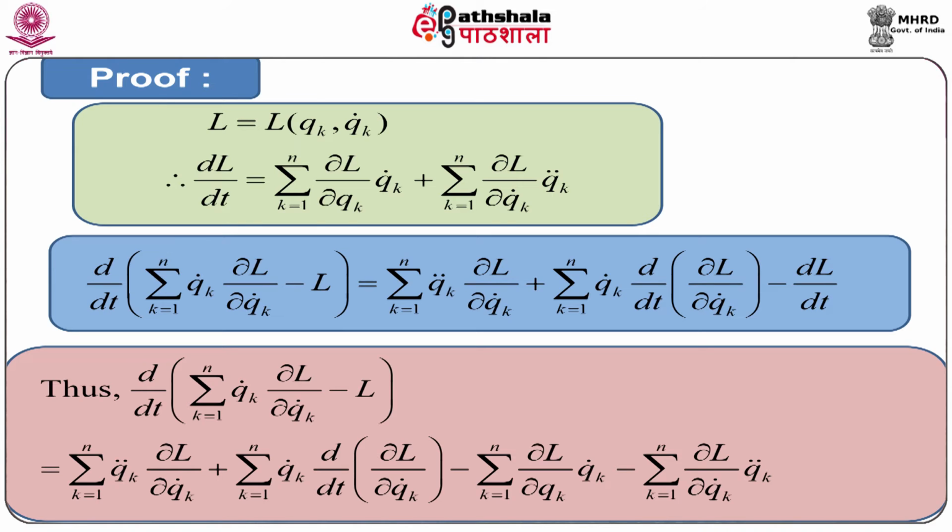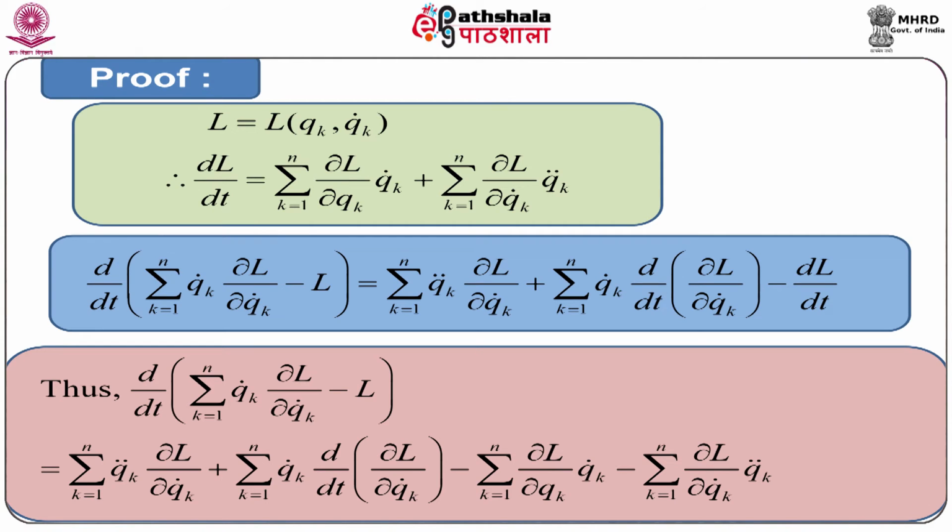Thus, d dt of summation over k qk dot into del L del qk dot minus L can be written as follows. First of all, let us differentiate qk dot with respect to time t, keeping del L del qk dot fixed; we get the first term of the right hand side, which is summation over k qk double dot del L del qk dot.